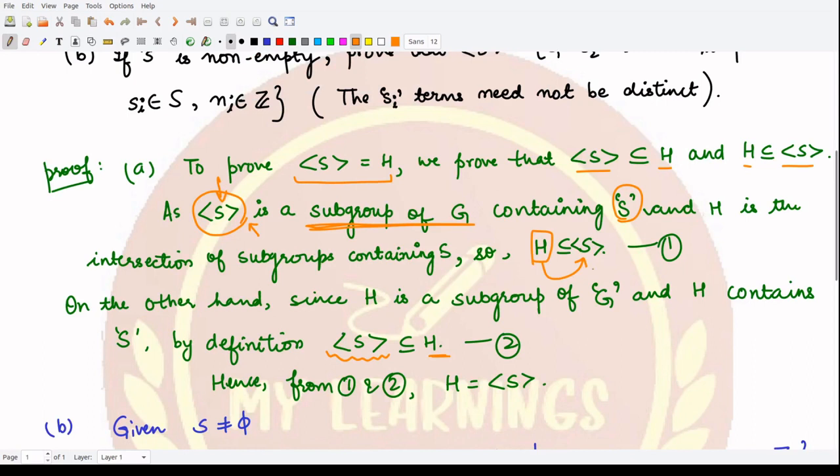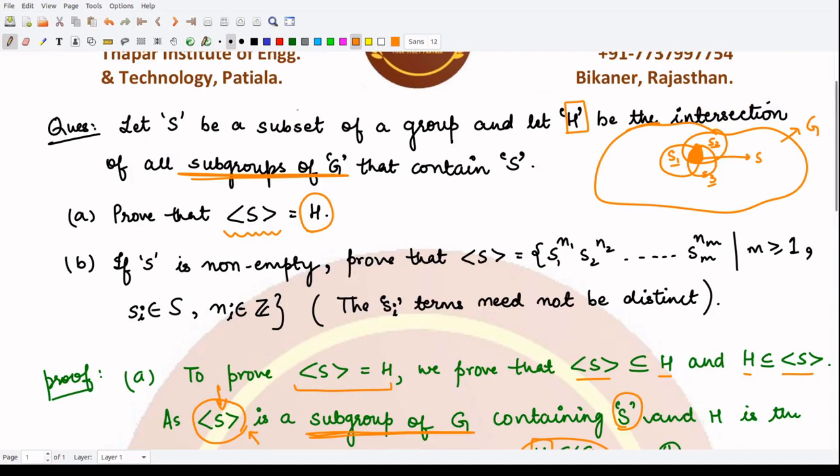So by inequalities 1 and 2, we have H is equal to the set generated by S, correct? In the second part, we have to prove that if S is given to be non-empty, then the set generated by S is given by the elements of this kind, where we have S1 raised to some power, S2 raised to some power, and so on up to Sm raised to some power.